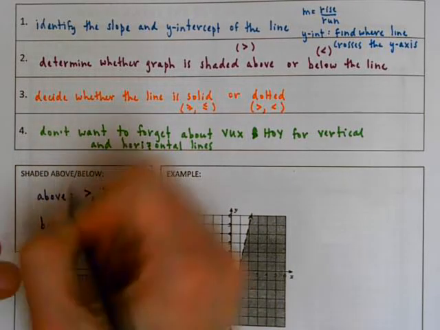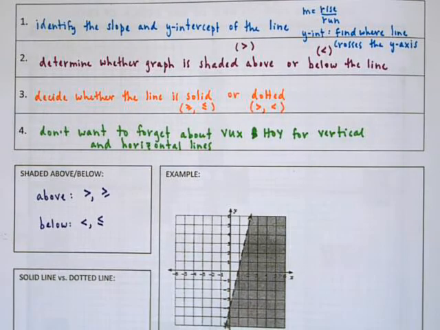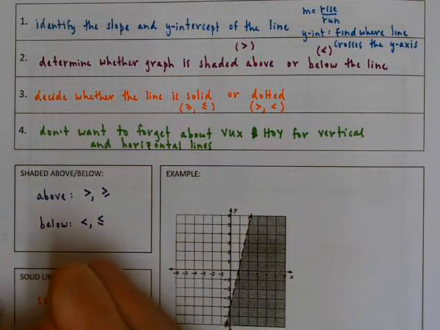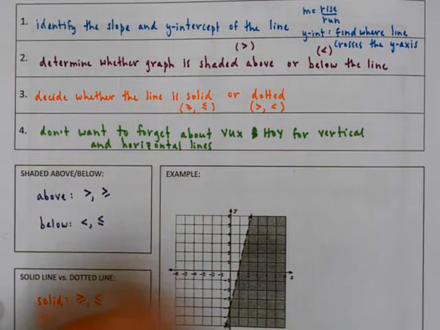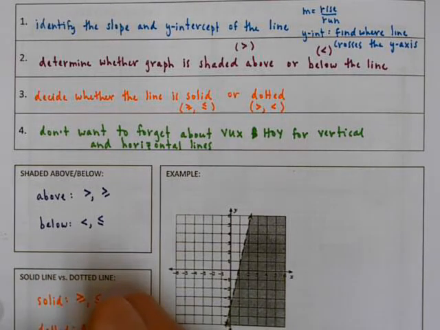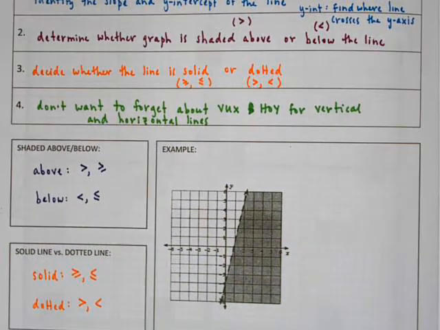Below will be less than or equal to. Solid means it's either greater than or equal to or less than or equal to. And dotted is if it's strictly greater than or strictly less than.